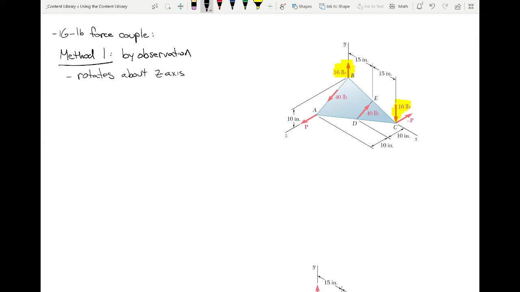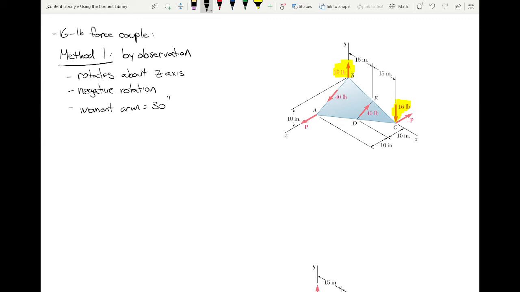So negative rotation. Okay? Now, the third observation, what is the moment arm between these two forces? 30 inches. That's exactly right.